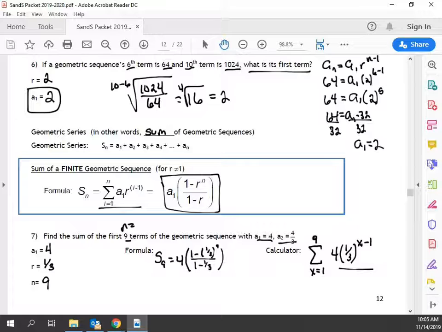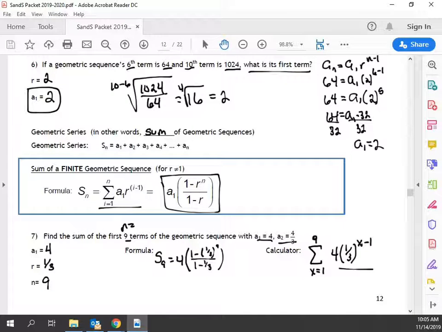What did you get? I got 1.99 repeating. Can you do math, enter, and see what happens? I got 39,364 over 6,561. There you go.